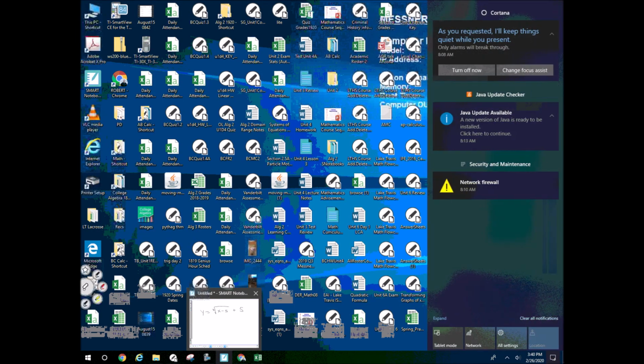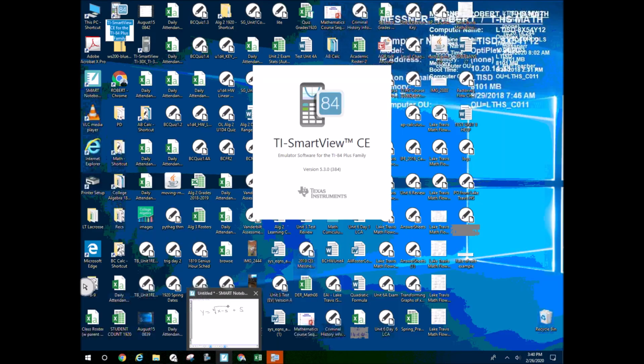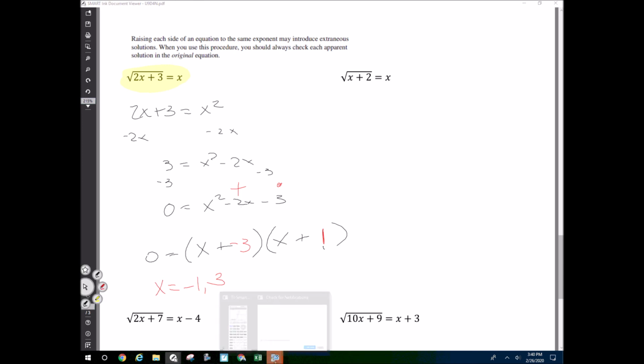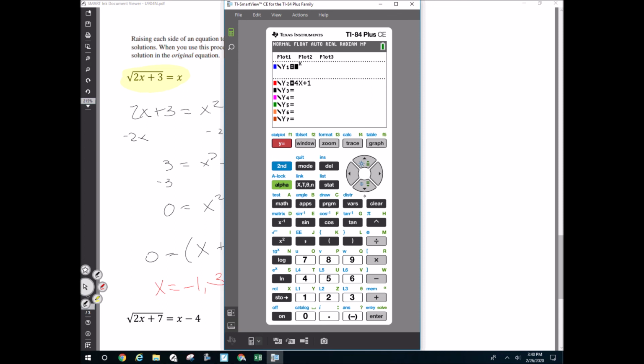Why can't I pull up my calculator? You don't think 3 is one of them? Here goes my calculator. Let's see if we can all get on the same page here. Y equals, clear, clear. I got root.